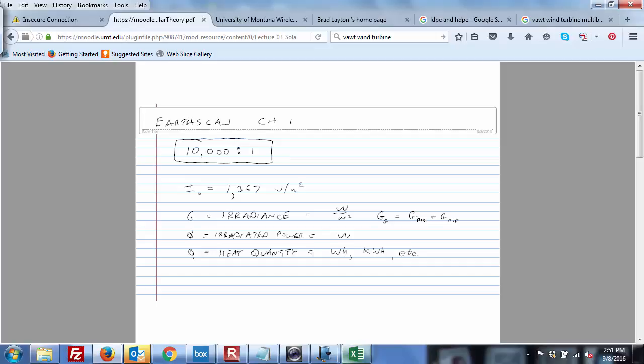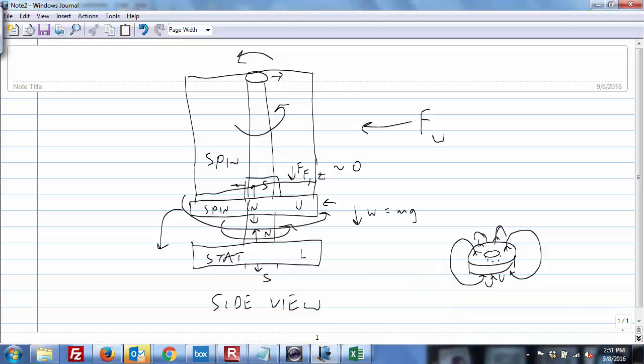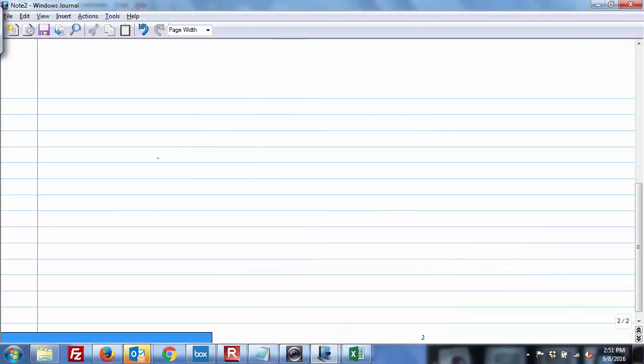That 10,000 to 1 ratio is just telling you that humanity runs at about 16 terawatts, and the sun is running at 160,000 terawatts.